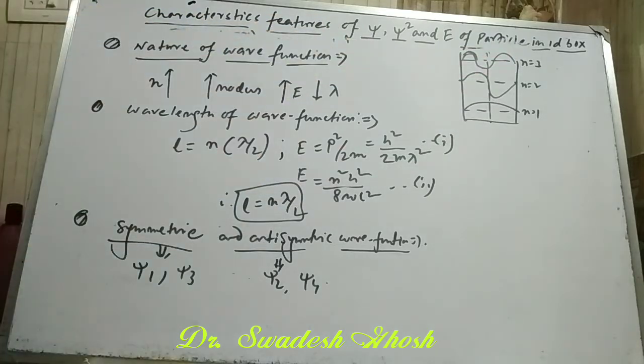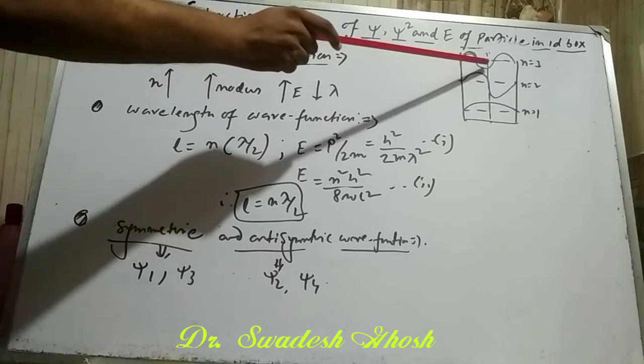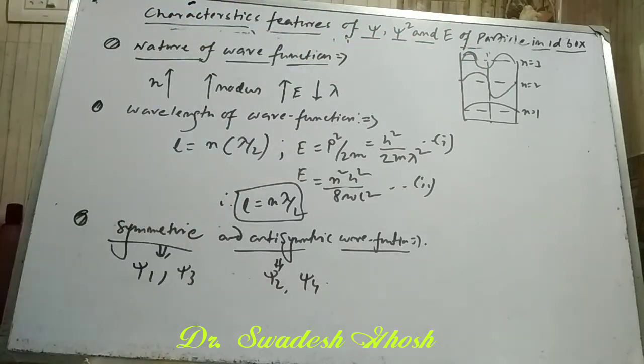Similarly, for n equal to 3, with respect to the midpoint, psi 3 is a symmetric wave function, that is, psi 1 and psi 3 are symmetric, and psi 2 and psi 4 are antisymmetric wave functions.